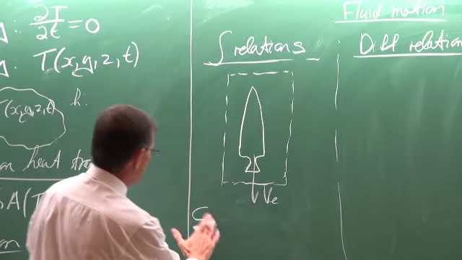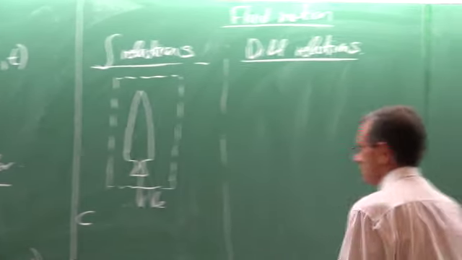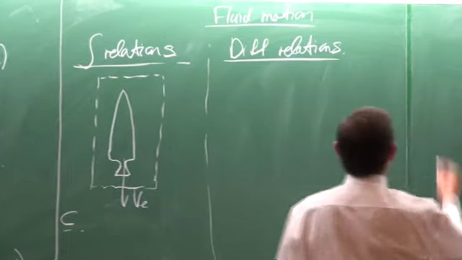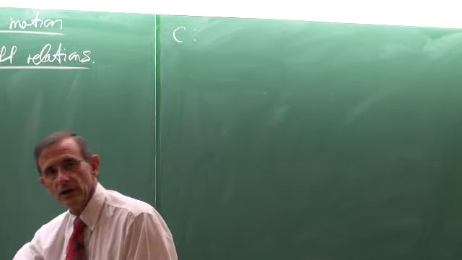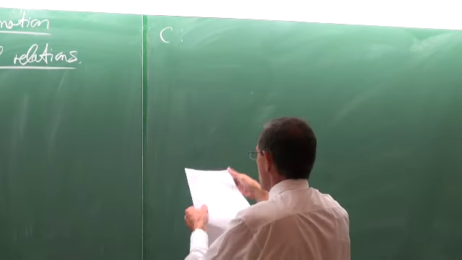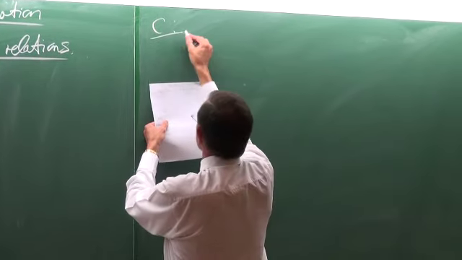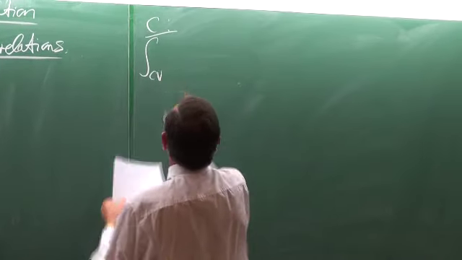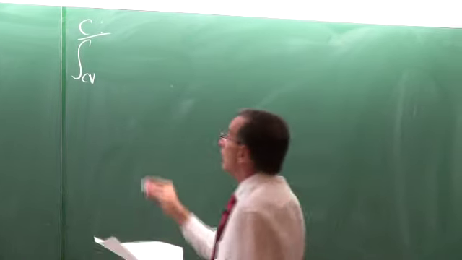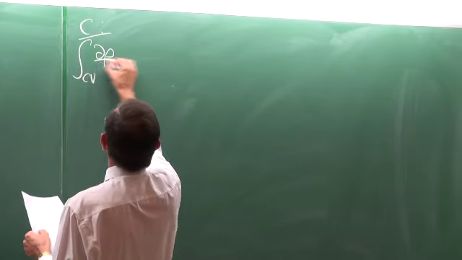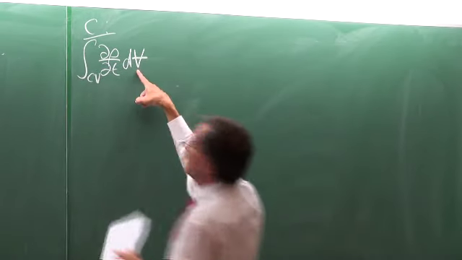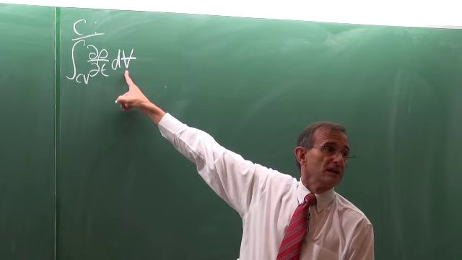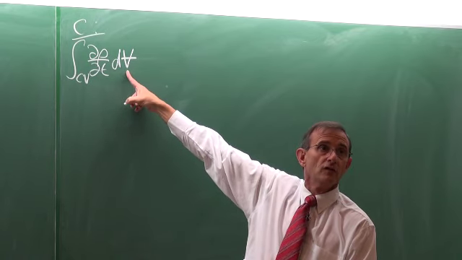Because I do not have enough space here, I'm going to write the continuity equation here, but it should be on the left-hand side. This equation, the continuity equation, looked like this. It says the integral over the control volume of partial d rho dt. Take note, that V is volume, not velocity.